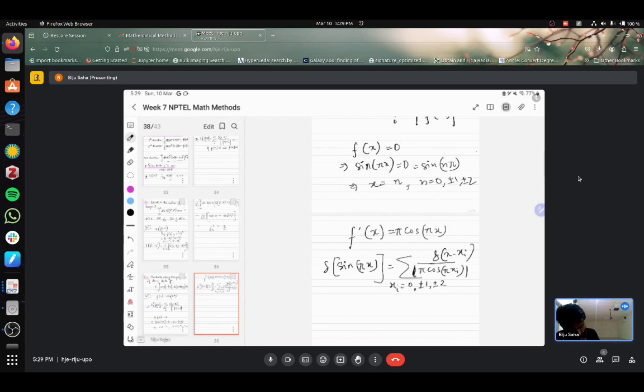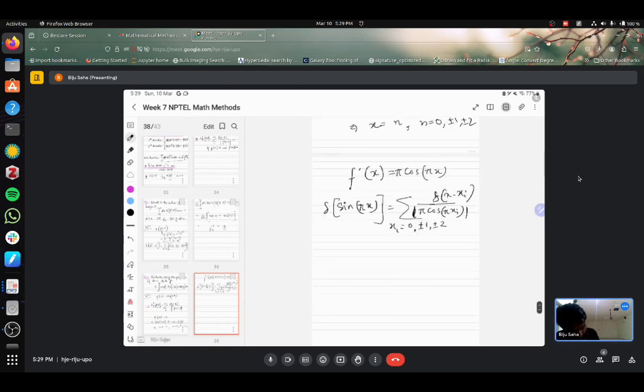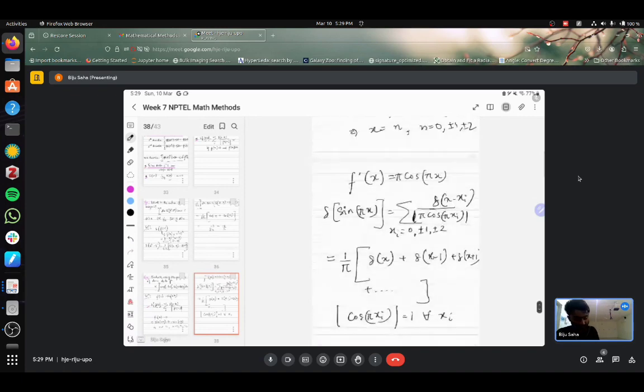There is mod. So basically you have 1 by π and sum of various delta functions, that is δ(x) for xi equal to 0, and δ(x−1), δ(x+1), and all other terms. So the numerator, mod of cos(πxi) for all values of xi, is equal to 1 for all values of xi.